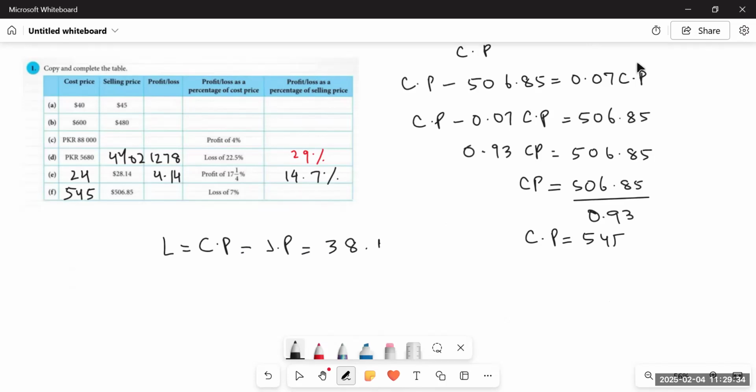So there is a loss of $38.15. And since there is a loss, in the next step we will divide it by 506.85 and multiply it by 100%. So we will get a loss of 7.5%. This is the final answer.